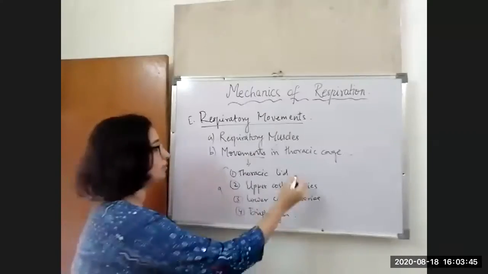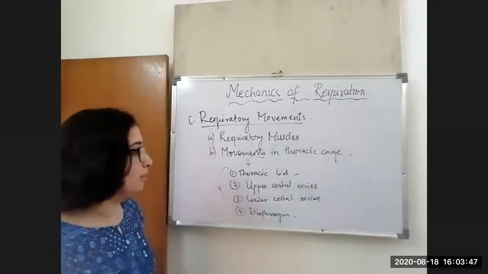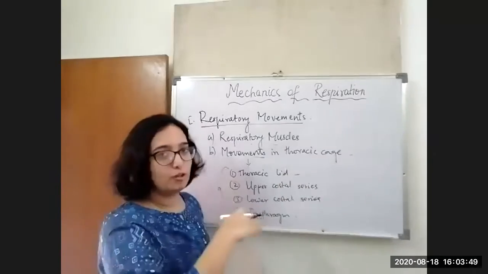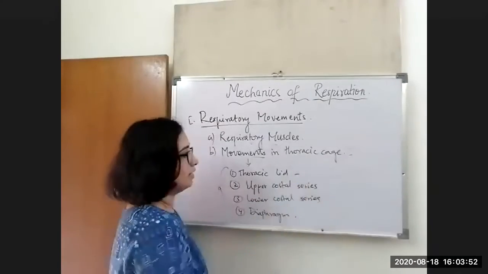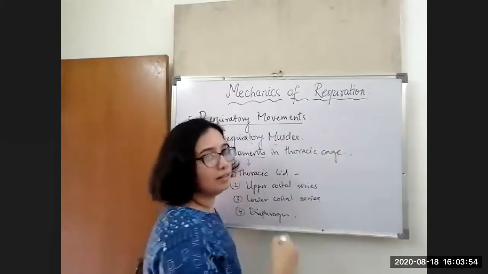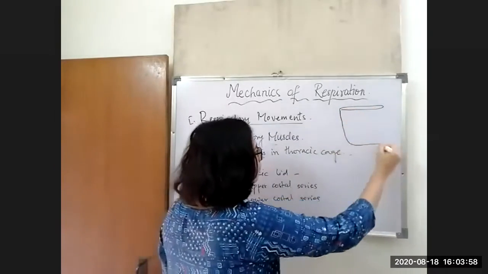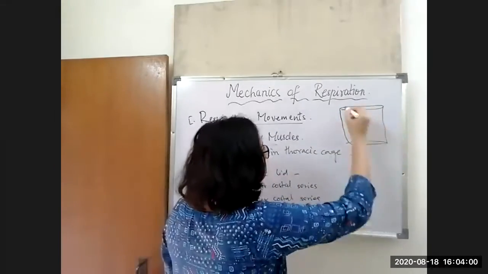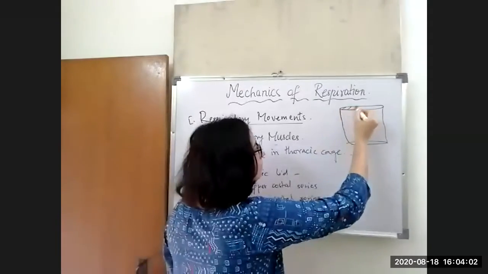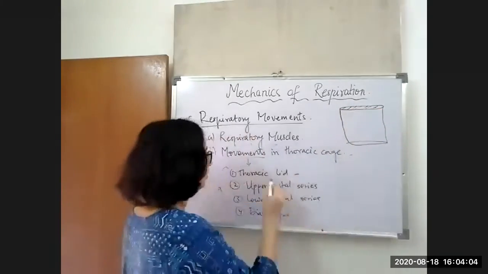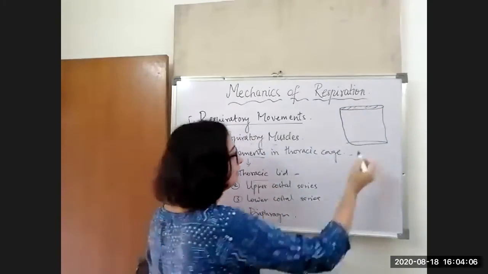Okay. So what is the thoracic lid? Thoracic lid is the uppermost portion of the thoracic cage. Like we can imagine this thoracic cage as a barrel or drum. So this upper lid or the closing can be your thoracic lid.